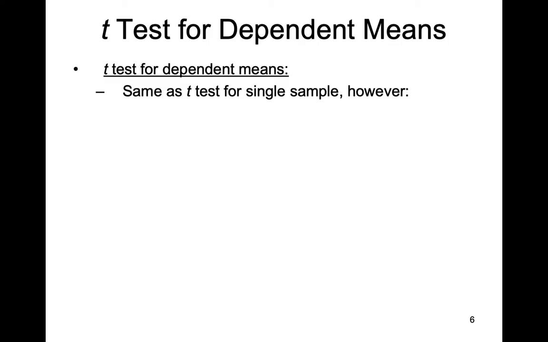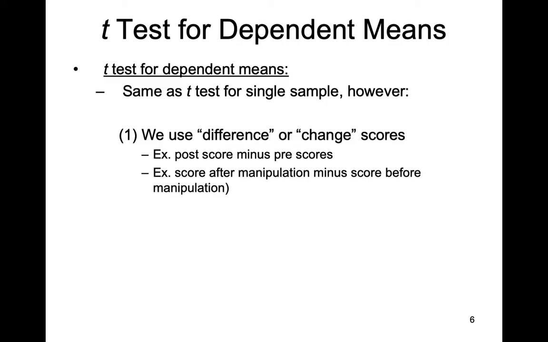The process is very much the same as a t-test for a single sample. However, we're just going to use difference scores or change scores as our scores. Essentially, we're going to take a participant's post score minus their pre-score and see what the difference is.